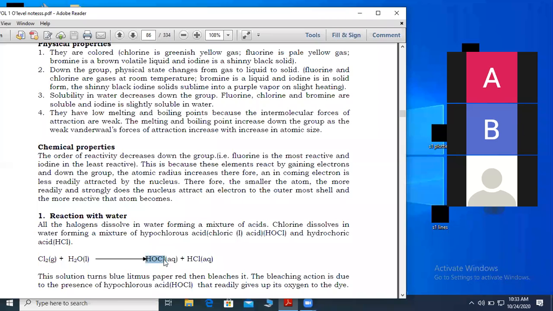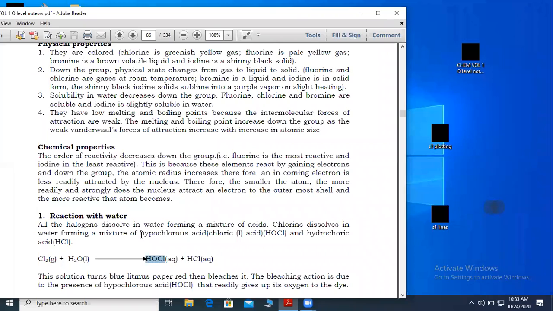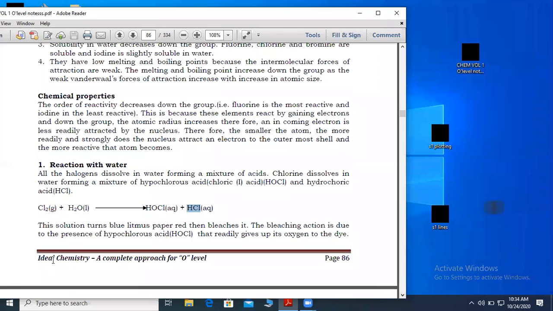This is its formula. Hypochlorous acid is this, and this is hydrochloric acid. That's how chlorine behaves when it is dissolved in water.